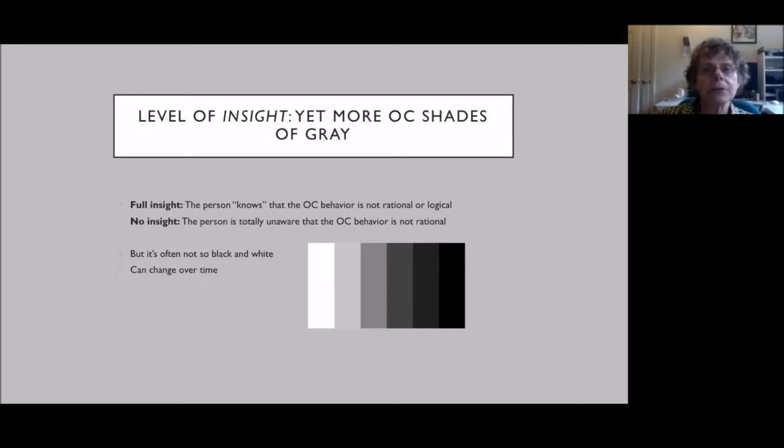And then there is the extreme, no insight, where the person is totally unaware that the behavior isn't rational. And this will happen in multiple conditions, including advanced Huntington's. So it's not so black and white. It changes over time in matters of severity and matters of awareness.